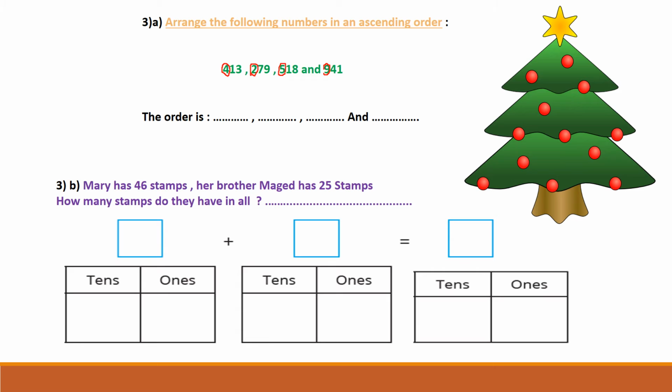So which one is the smaller? It's 2, so 279, and I cross it. Then the next will be 4, so it will be 413, and I'm gonna cross it. The next here 5, so it will be 518, and I'm gonna cross it.